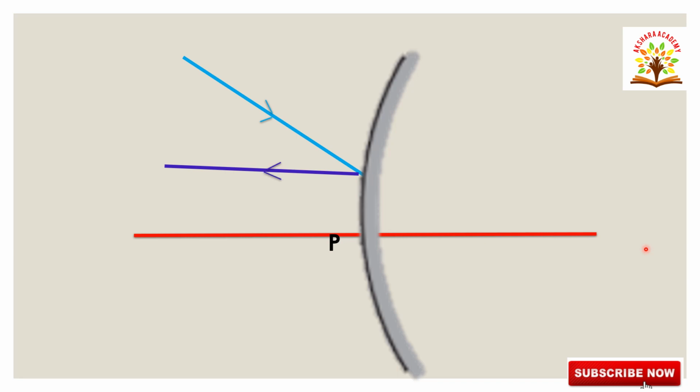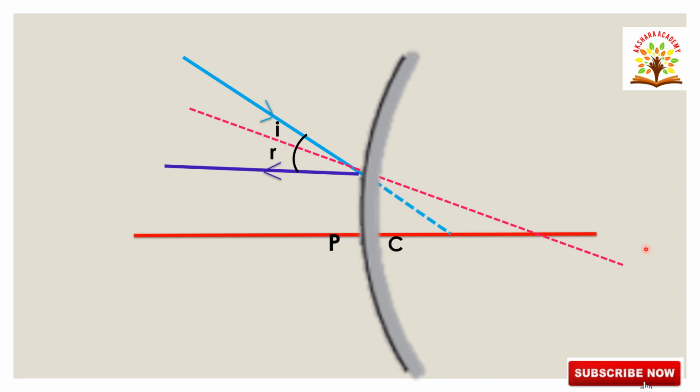This is a normal drawn from any point on the convex mirror, and we are drawing the angle of incidence and angle of reflection. Angle R denotes the angle of reflection, I denotes the angle of incidence.